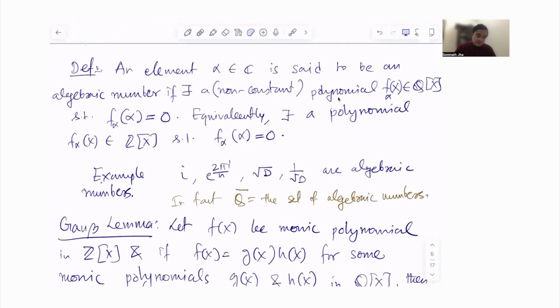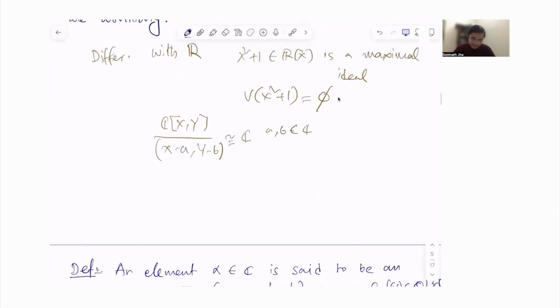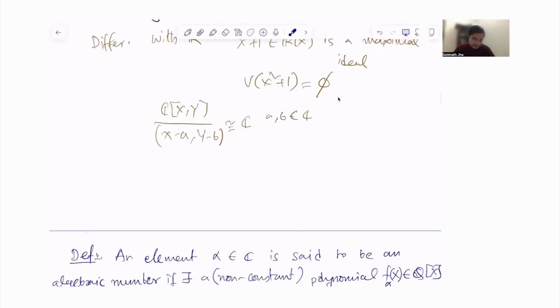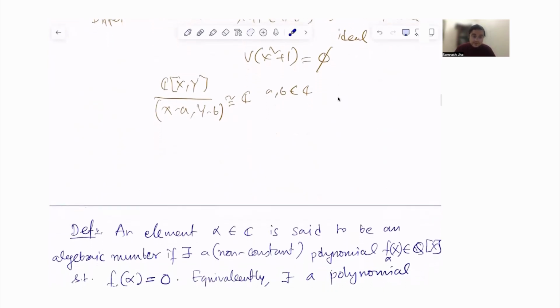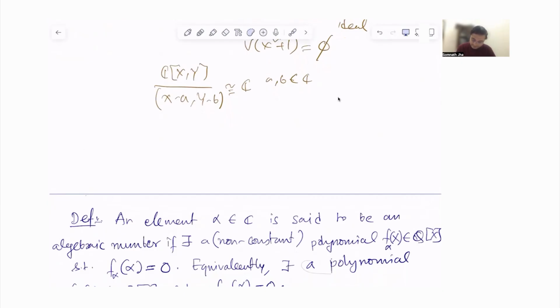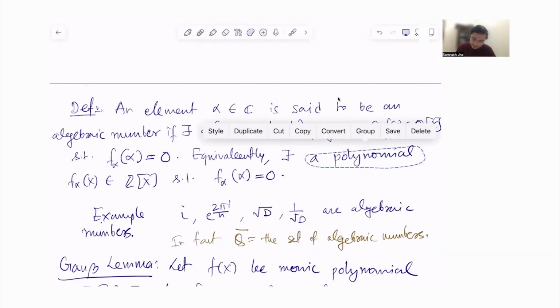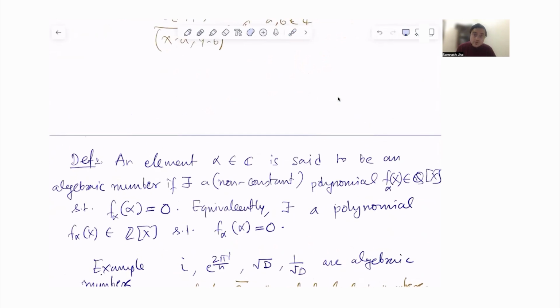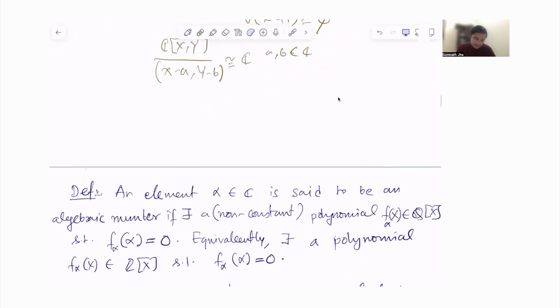Now we want to come back to algebraic integers. Recall the definition that an element alpha in C is said to be an algebraic number if there exists a non-constant polynomial f_alpha(x) in Q[x], with coefficients in Q, for which alpha is a root.